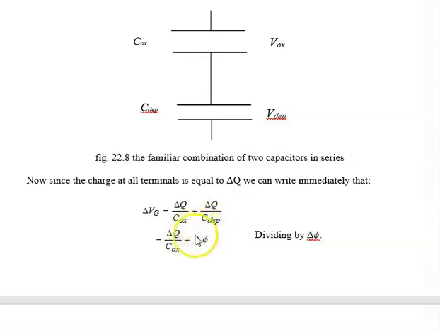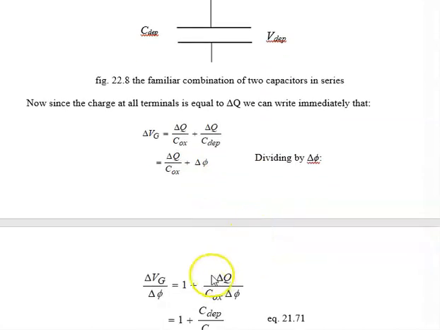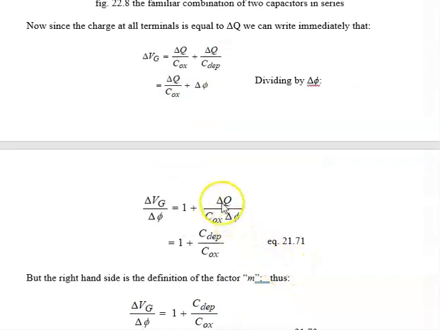So this is now my important term, and I divide out by delta phi, and I get 1 plus delta Q over C ox divided by delta phi. Well, what is delta Q over delta phi but just C dep? So this looks very familiar.